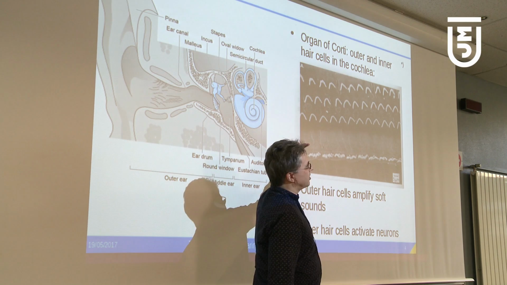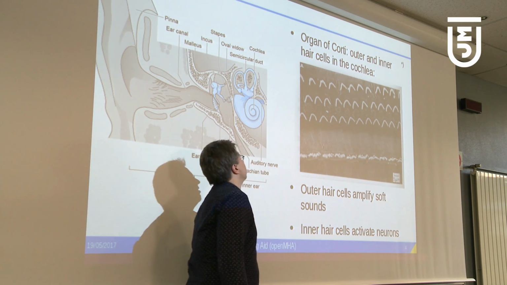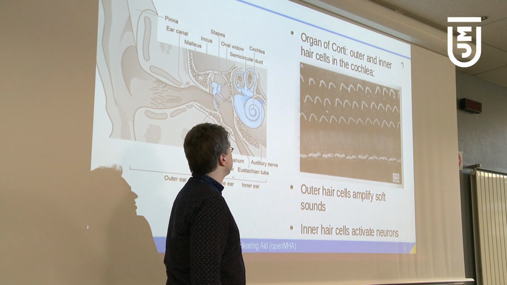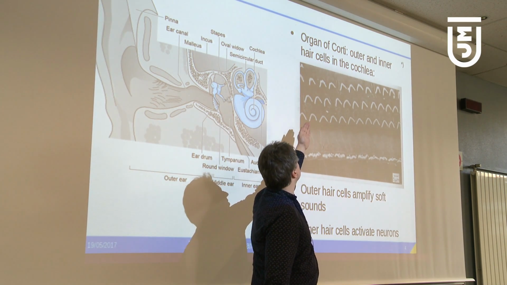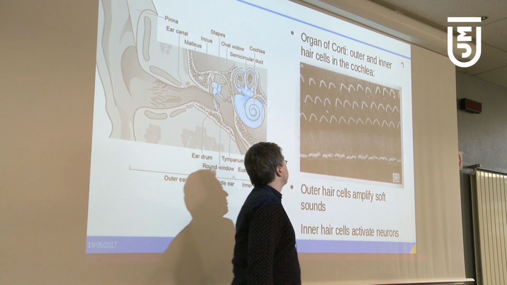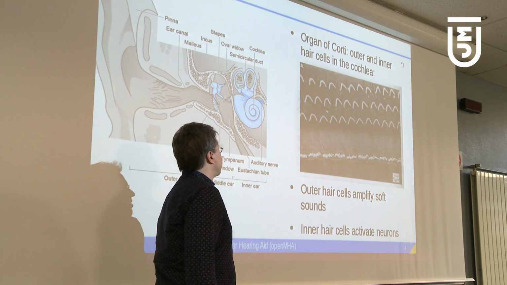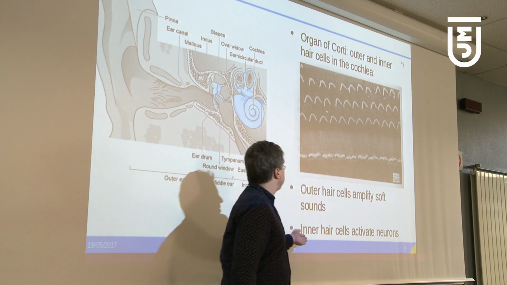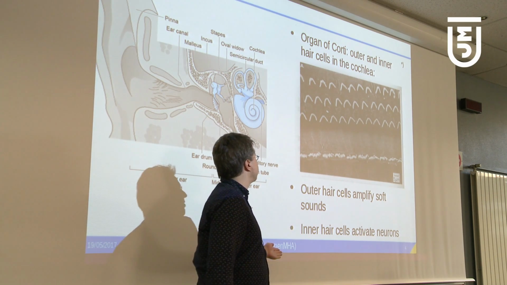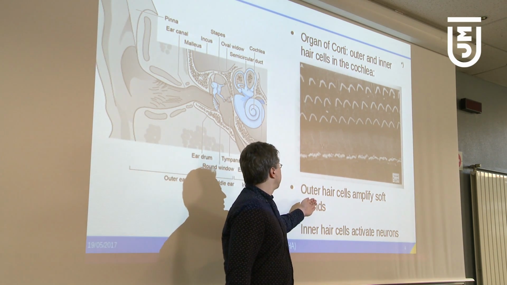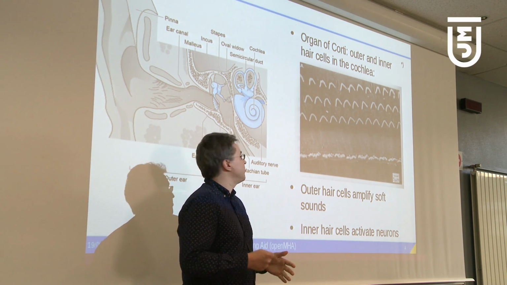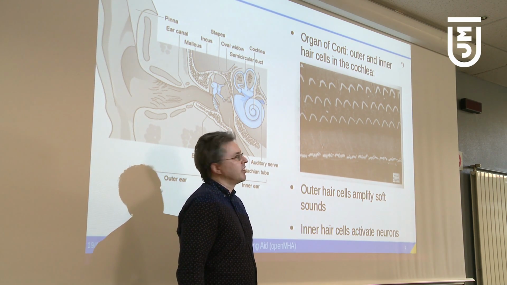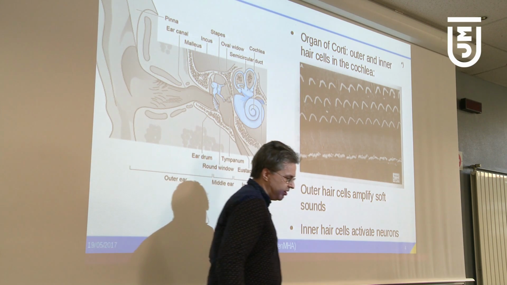And these white things are the hairs that extend in the direction of the camera. We have 3 rows of outer hair cells here above, and 1 row of inner hair cells. The inner hair cells actually activate the neurons, and the outer hair cells amplify sounds. They do this by coupling energy into the system that already oscillates.